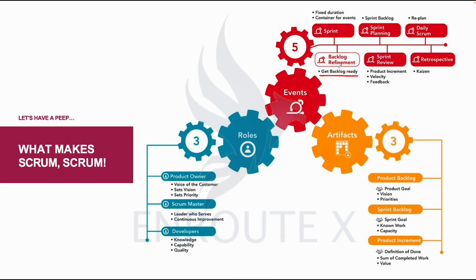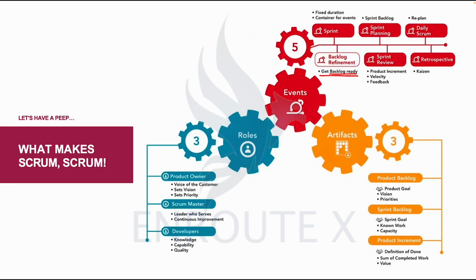But just note that the backlog requirement is to plan future sprints. When we populate a backlog, I know we will have some more clarity on that. But what I need you to note at this moment is that the backlog requirement meeting is to get your backlog ready for future sprints.